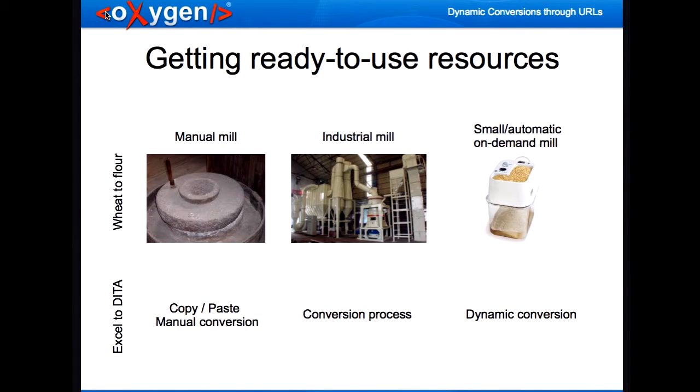So you have a separate conversion project that takes all your Excel files or whatever and gets your DITA or DocBook or whatever format. But you can also have an on-demand machine, right? Something where you need 200 grams, you get 200 grams of flour. And that's what I'm interested in, this dynamic conversion to obtain what I need exactly at the time when I need that part.